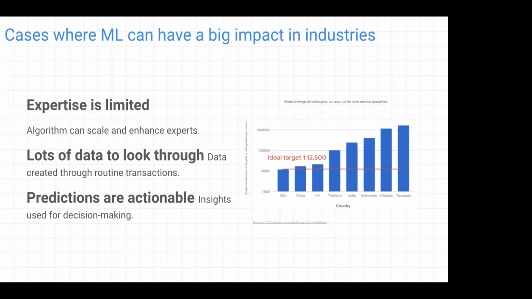And in which cases does ML have a big impact in industries? I think we already talked about some of these things. Like expertise is limited, where I do not have radiologists available in all countries or maybe all regions of the country. Lots of data to look through. A lot of the data is created as a part of routine transactions.